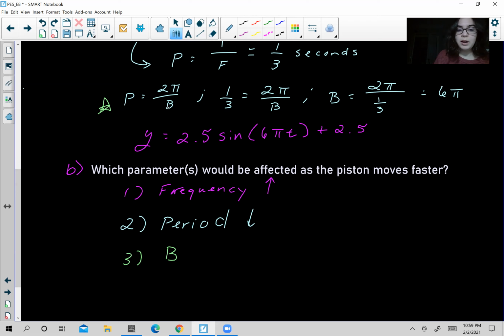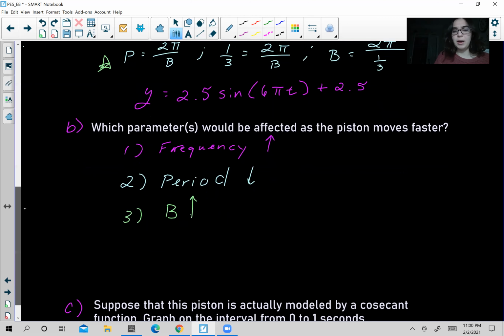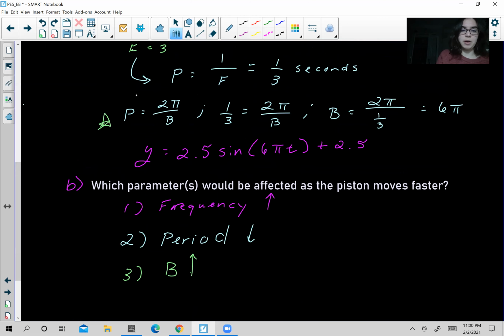And if you divide by a bigger number, that's going to cause a decrease. So if period is decreasing, that means b is going to increase. I'm sure there are other ways to remember that, but I just think about if this variable did this, what would the other variable have had to have done?